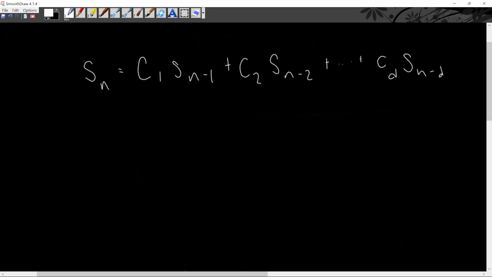As you can see, you are summing up the previous terms, and you're using the previous sums as inputs for this new partial sum. That's the idea behind recursive series and recursive sequences.